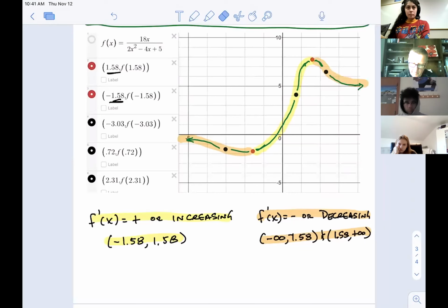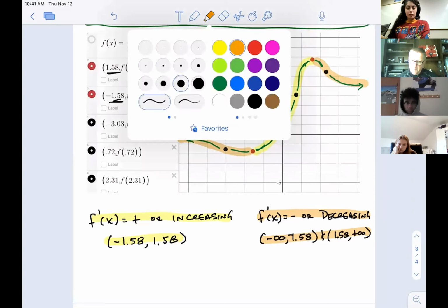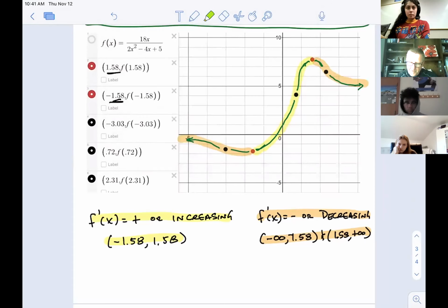I'll just write right over the top of this. Let's choose a different color. So the inflection points also divide the graph. There's one, and there's one. And what do you notice? What division do inflection points make?